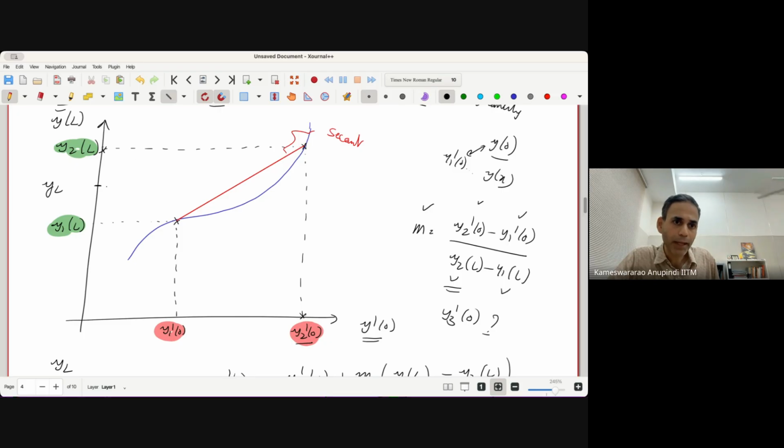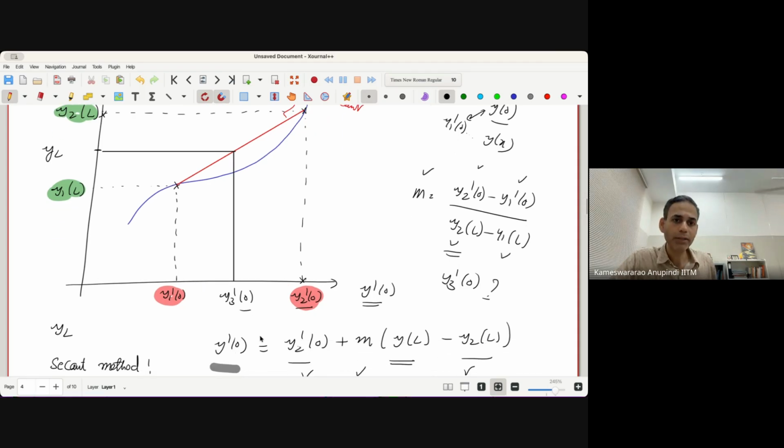So from YL, we're going to basically draw a line that cuts the secant, right? Okay, so that is the secant, and it is intersecting somewhere here. Then I'm going to extend this line and see where it is intersecting. That is basically going to give me my y3 prime of 0. That means how do I get y3 prime of 0?